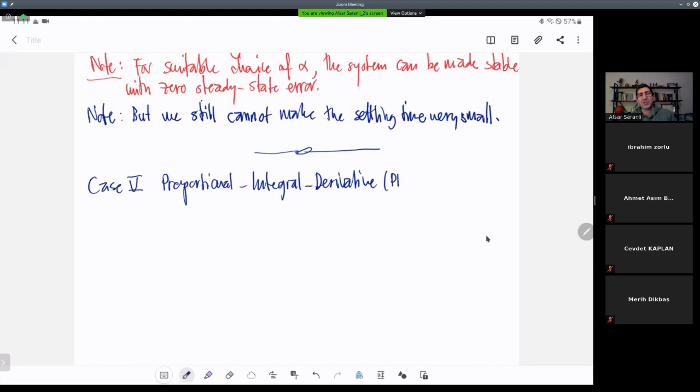This is the full version, and it's a very popular way controllers are applied in the industry, because you have 3 parameters now, 3 different gains, and that gives you 3 degrees of freedom, namely 3 different controller design parameters.